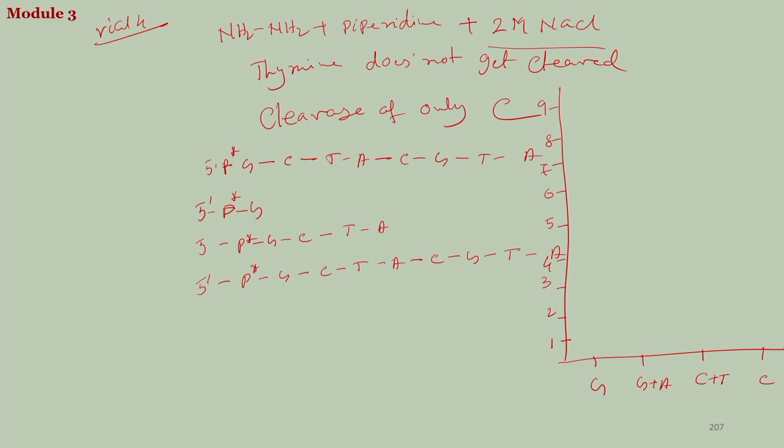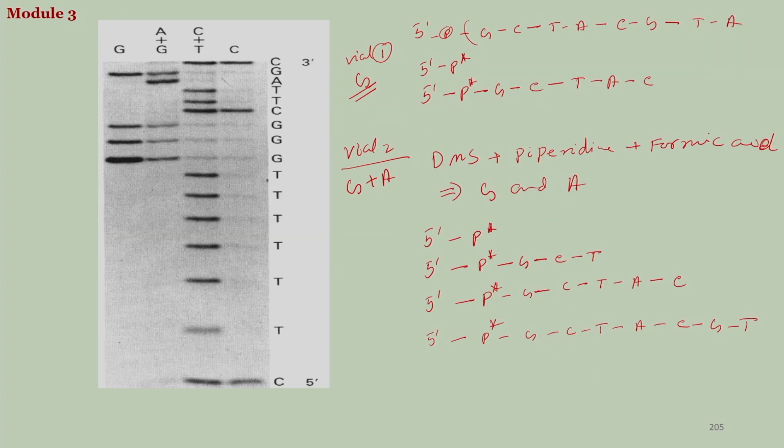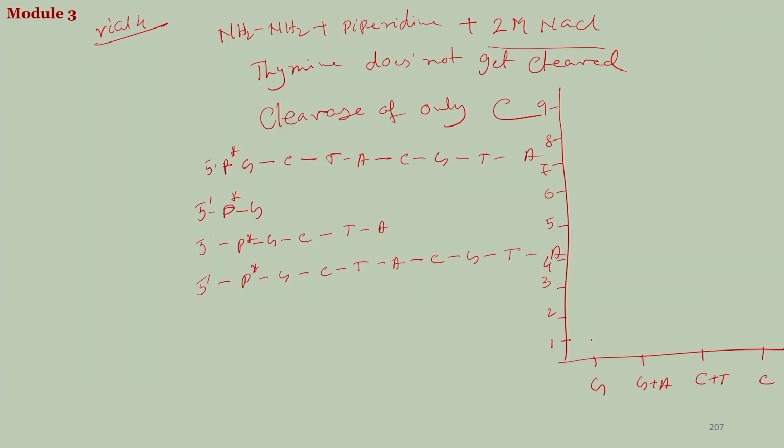Now, you can actually do it. The first length will be the single phosphate that we have got, obtained from vial G. So the G vial, the first vial, contains bands at lengths 1 and 6.